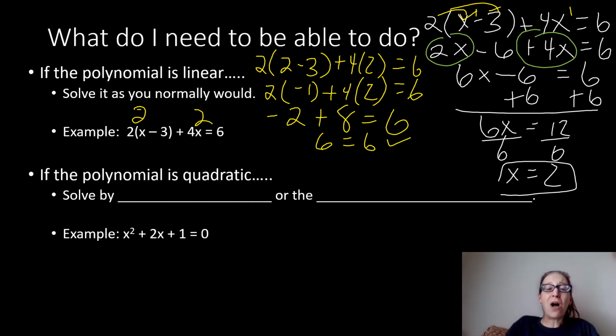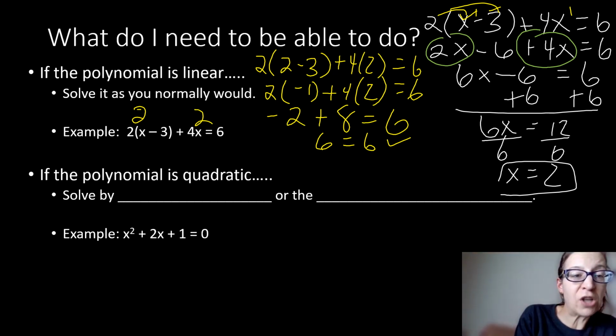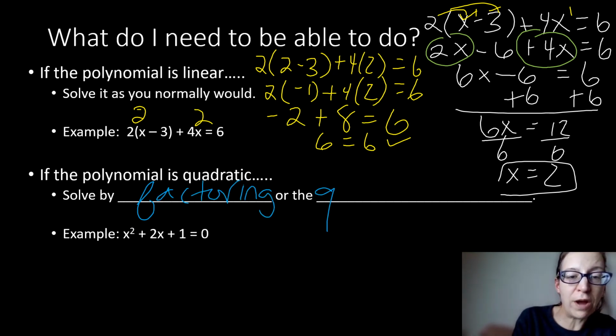Now, if the polynomial is quadratic, that is degree 2, then what I want you to do is solve it by either factoring or the quadratic formula, whichever one you prefer.